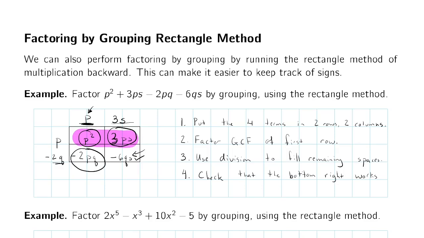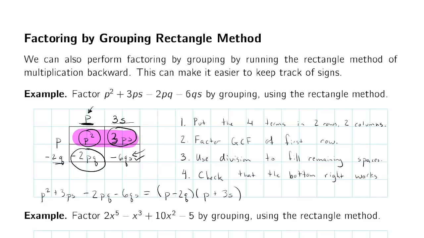So my polynomial, p squared plus 3ps minus 2pq minus 6qs, factors as p minus 2q times p plus 3s.